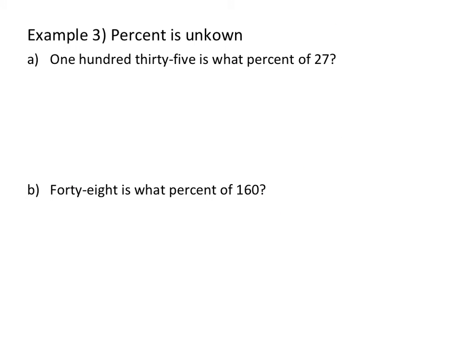135 is what percent of 27? So now what's missing? My percent, right? My percent is missing. So I need to know my P, and then from there I need to convert it back to a percent, right? Because P is usually a decimal.